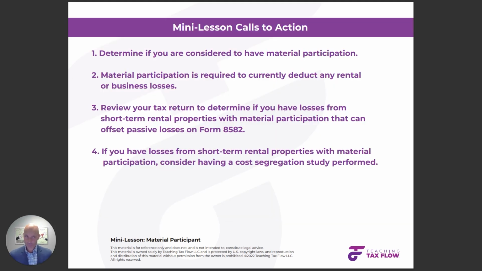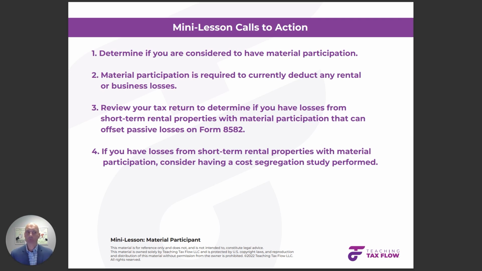All right, let's put a bow on this. First of all, make sure that you determine your material participation in each activity. Remember, to deduct any type of loss, a business, a short-term rental property, whatever, you have to have material participation. Even if you're REP status, you have to have material participation in a property to take a loss.